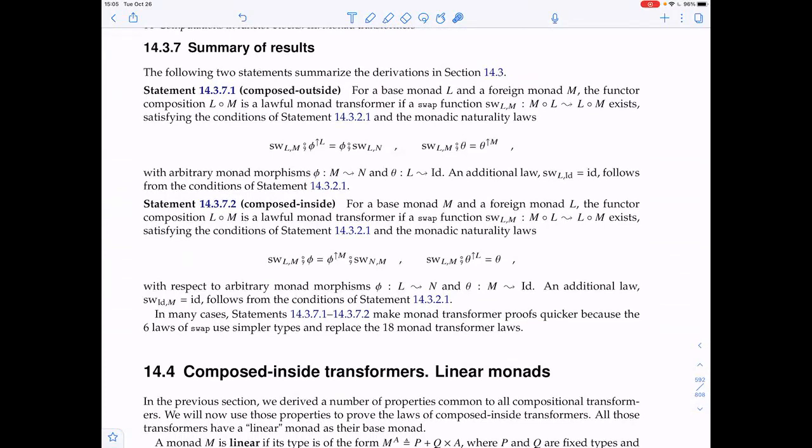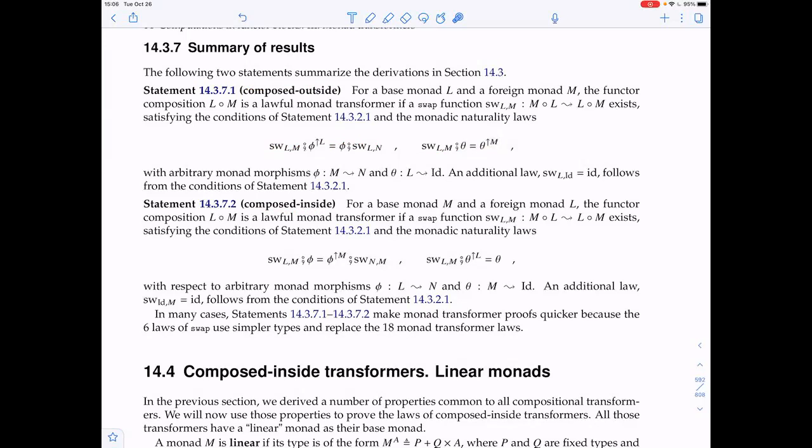So this is the summary of this entire investigation, which tells you what laws the swap function must satisfy. For composed outside and composed inside, you need those laws of swap that we had before, and additionally, monadic naturality laws of swap.